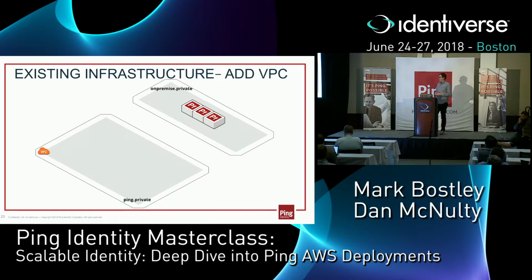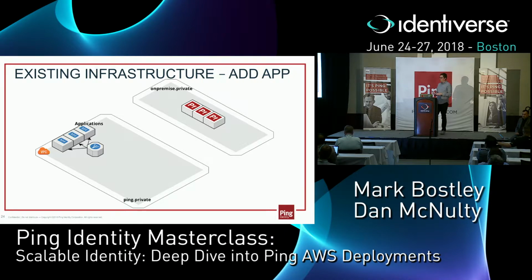So really the first thing I'm probably going to work on is defining a virtual private cloud. In addition to defining the virtual private cloud and all the network details around that, I'm going to create a private hosted zone, which is just a privately resolvable DNS domain. And here I'm going to call that ping.private. The whole point of going to Amazon is to deploy your applications there, so I'm going to do that. That might involve many things.